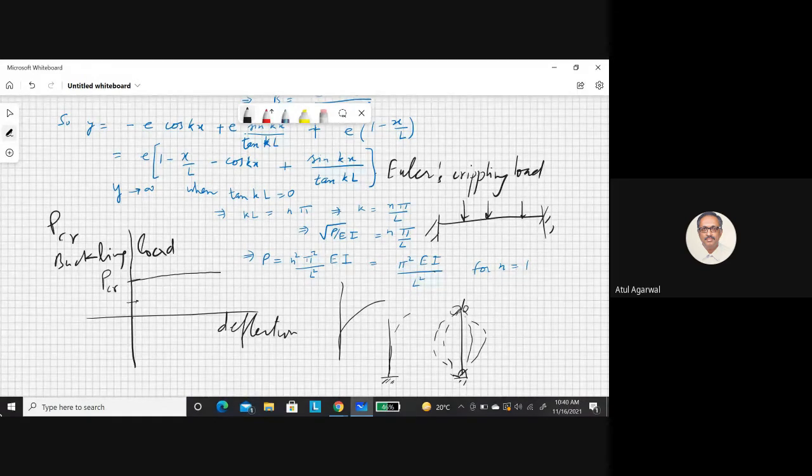So what will happen? It will deform like this. So which part will be in tension? Where you will find tension? In the bottom part. So this is tension, this is compression.